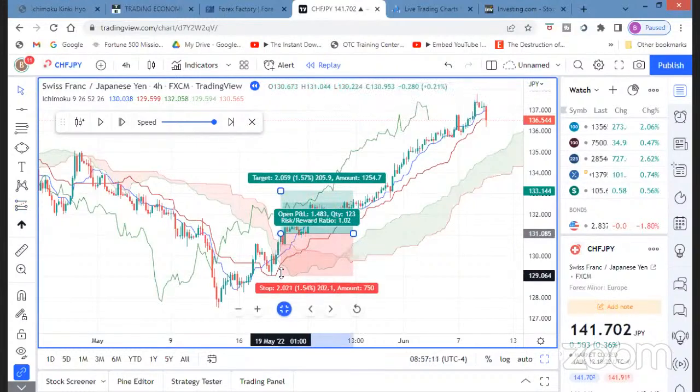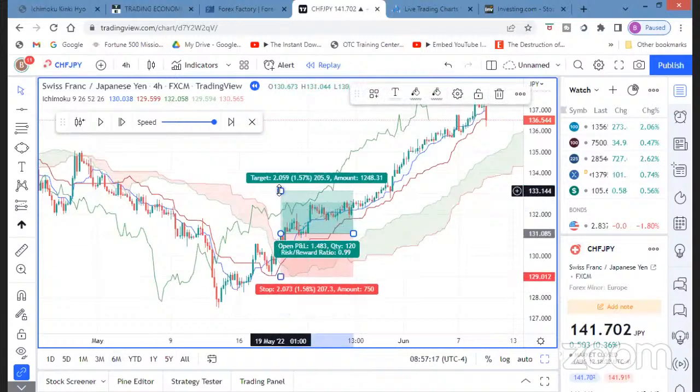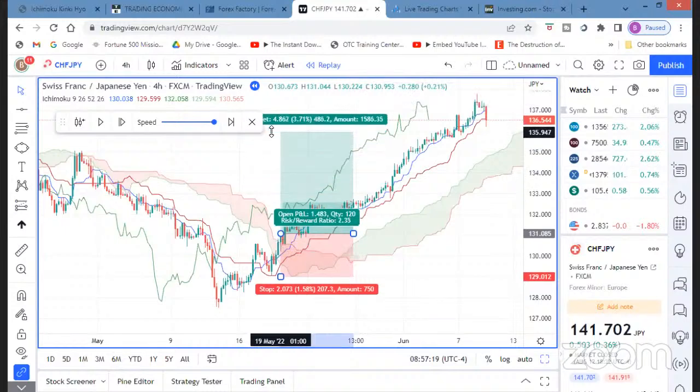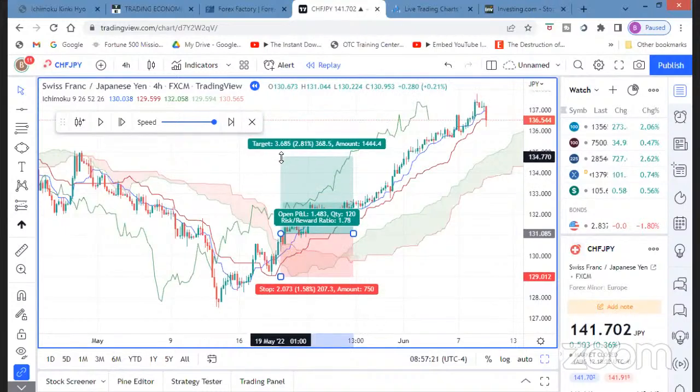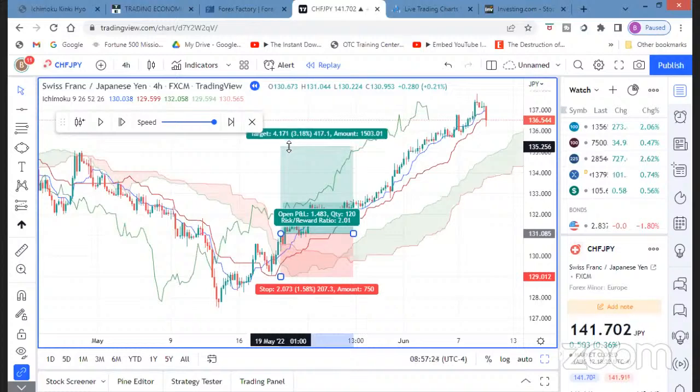Wherever I get in there, do I want to put my stop below the cloud? Boom. What is that? 200. Again, it's a 4-hour. Do I want a 2 to 1? Okay, at least a 2 to 1. Some people go 1.5. Some traders like going 1 to 1.5, whatever.